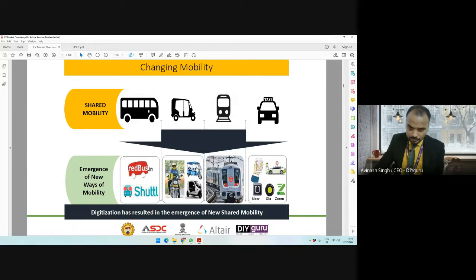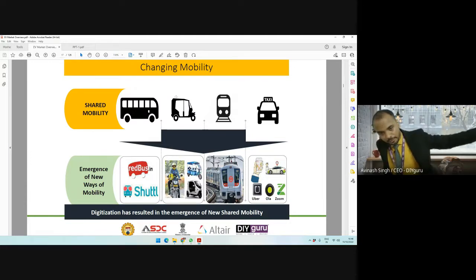And previously, before 10 years, in 2010 or 12, nobody imagined that something like this will be there. Now, if you look back in the past and compare what was there 10-15 years back and what is now, it has changed drastically.